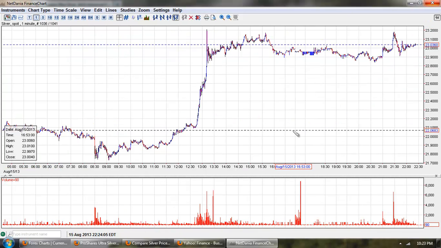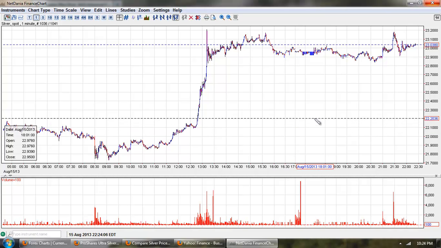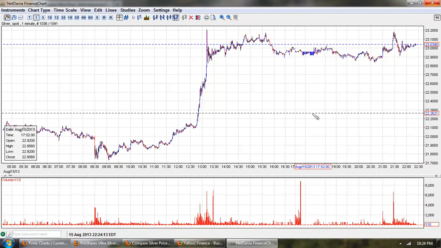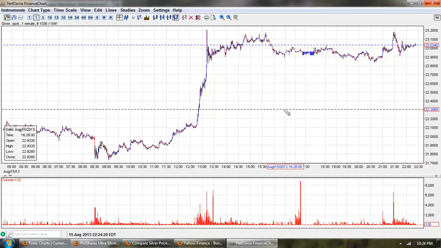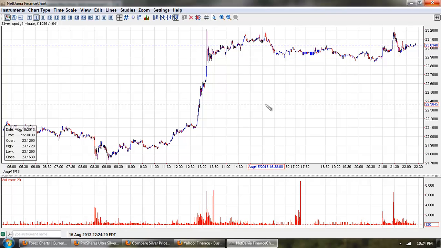But all of these arguments about tapering and all of these arguments about QE, of course, are really irrelevant to silver, because the silver market is so tiny that the trillions and trillions that have been printed are already out there. 7 trillion, as he pointed out, with no improvement whatsoever.